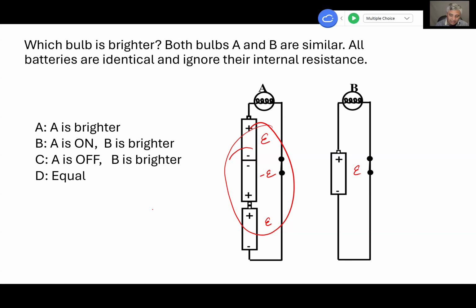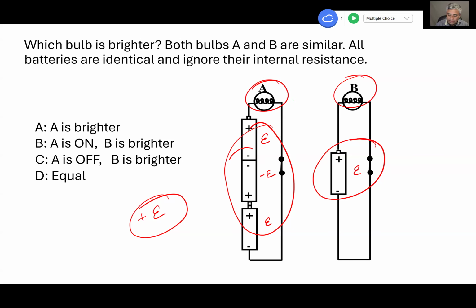Remember, they get added. So total EMF is going to be positive E in this case, just like this. So EMF is same, and bulbs are identical, means they will have equal brightness. So just reversing battery does not turn things off, okay?